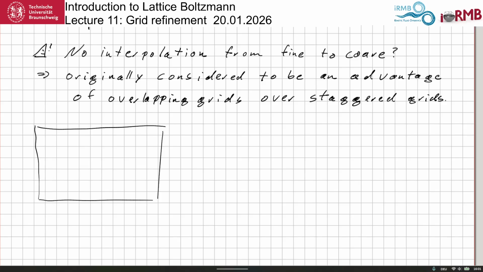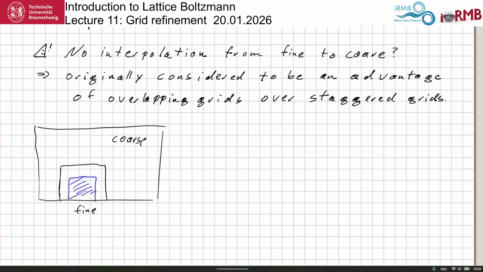I'm drawing a picture. We have a grid like this, and here we have refinement. Here's coarse, and here's fine. And say there's an object, so that we actually get some turbulent flow.